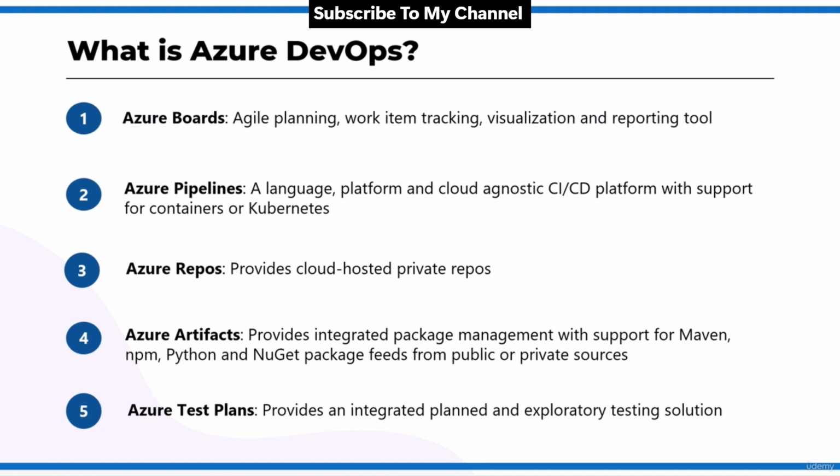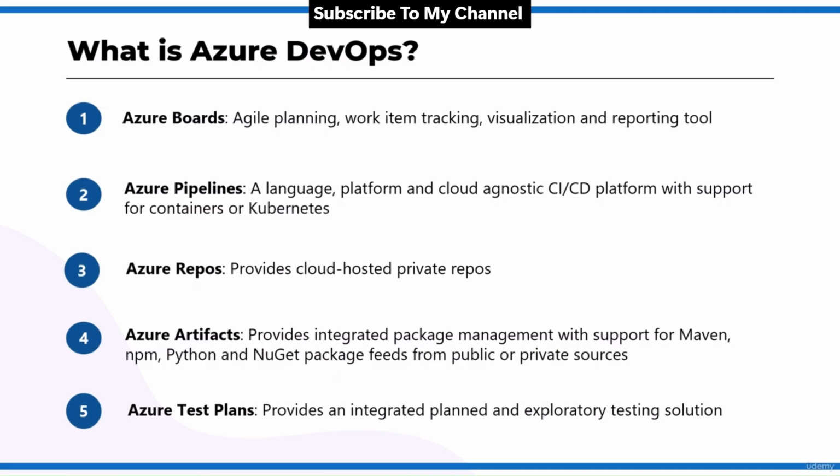Azure Boards are useful for agile planning to keep track of who's working on which task, and likewise it can give you a visualization and reporting tool for multiple tasks of your project. You have Azure Pipelines, which allow you to configure CI/CD, continuous integration and continuous delivery, with build and release pipelines.